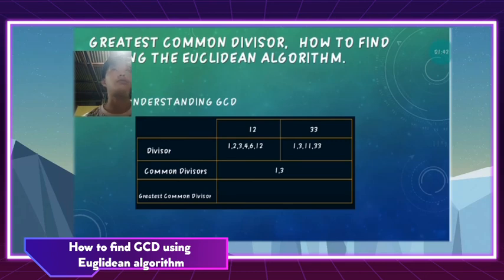There are two numbers, 1 and 3. Which is the biggest number? Which is the greatest number? The greatest number is 3. So the greatest common divisor is 3.